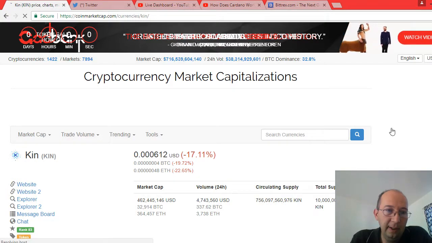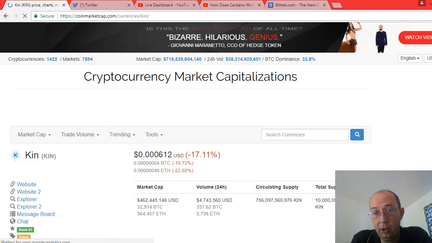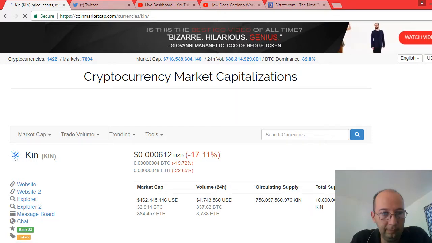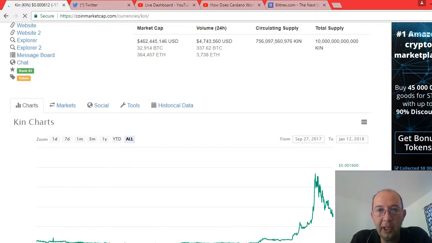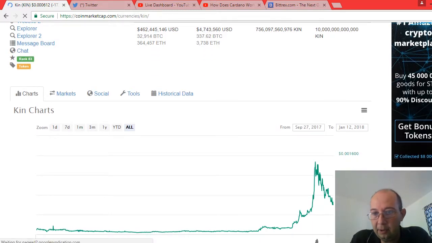Okay, so Kin I haven't heard of, but just from the looks of it, it's feeling like a strong hands type of coin, or like a Cent coin. I don't know if anyone remembers Cent coin. Crispy took me for billions and billions and billions of Cent coins, maybe even trillions of Cent coins. So I don't know much about this coin.